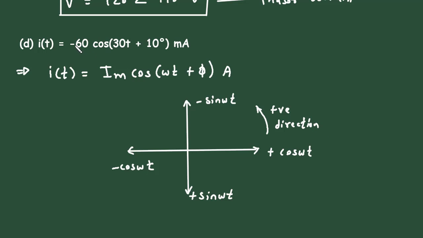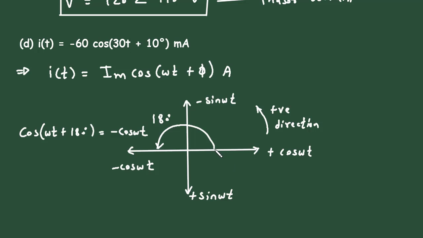Now we want to convert minus cos to plus cos. So if we move in this direction, then we have to add 180 degrees. That means it will be cos(ωt + 180°), which is equal to −cos ωt.